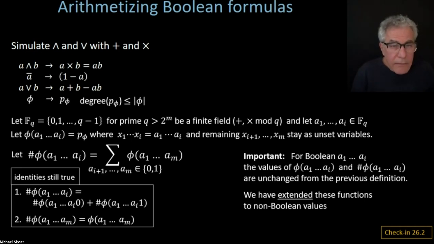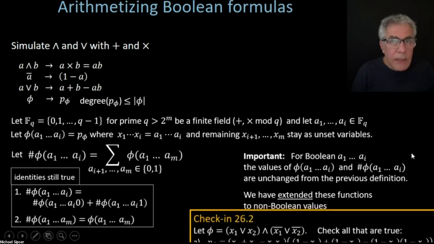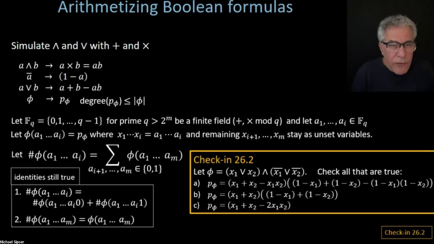Okay. Another question here. If all the p sub phi are equivalent for Boolean inputs in the check-in, why is only A correct?